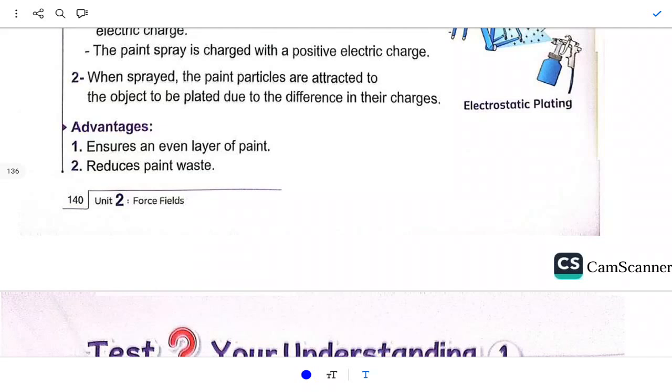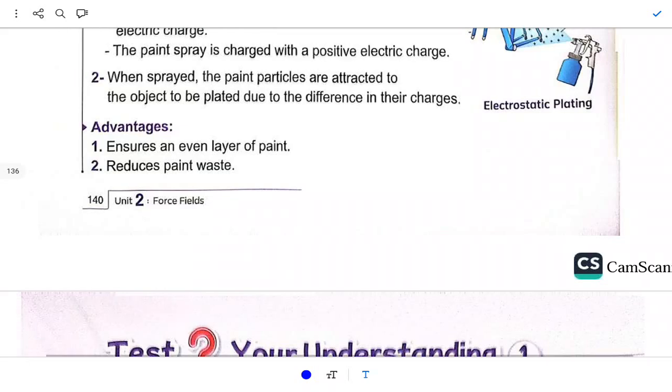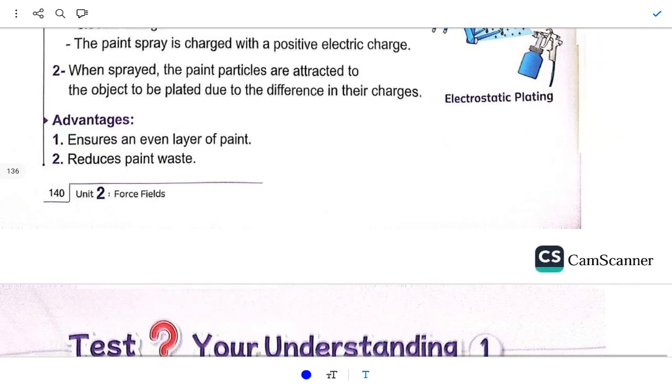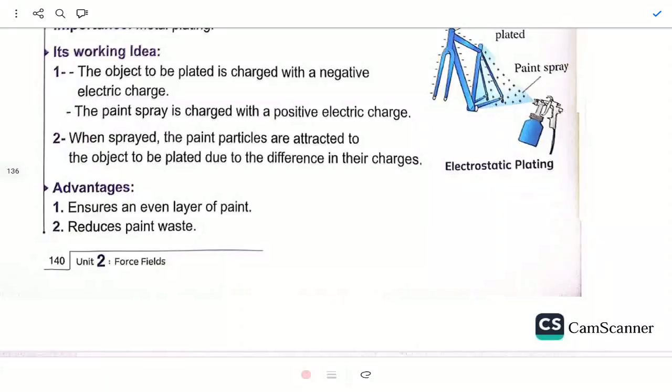We have advantages from this application: it ensures an even layer of paint, so every place on the object has the same amount of paint, and it reduces paint waste.